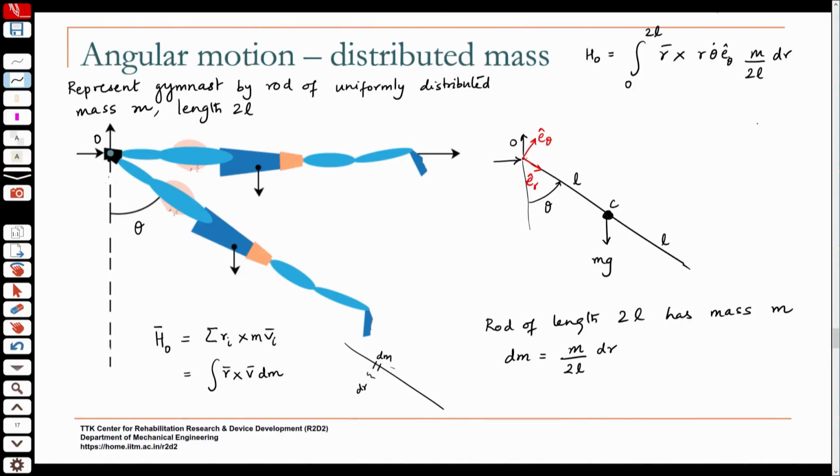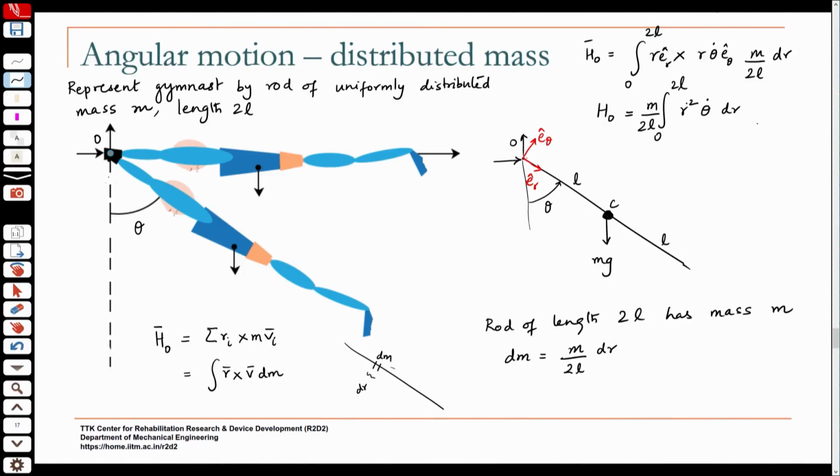So, r e_r times e_theta is just k. In vector form it is that, or in scalar form, because everything is along the k direction, I can write this as the integral from 0 to 2L. m by 2L is a constant, it comes outside, and I have r squared theta dot dr. Theta dot is also a constant.